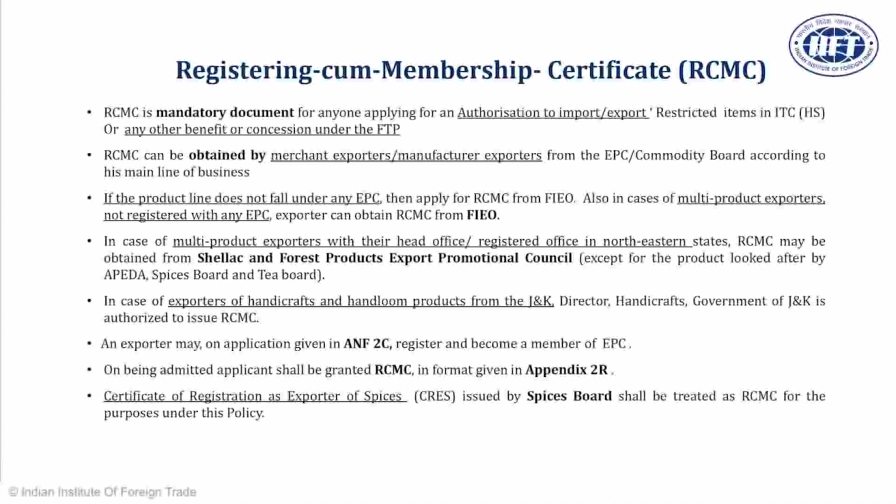And what will be the format of the certificate? That is laid down in the foreign trade policy as Appendix 2A. In case you are a member of the Spices Board and Spices Board grants you the certificate of registration as exporter of spices, you are to use this certificate as RCMC for all your trade purposes.